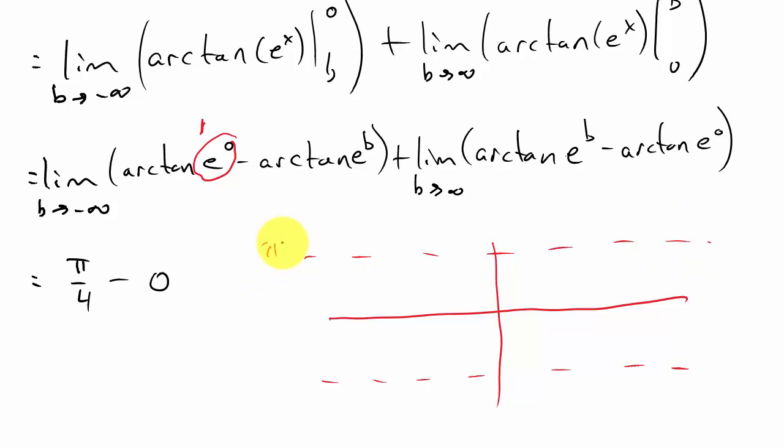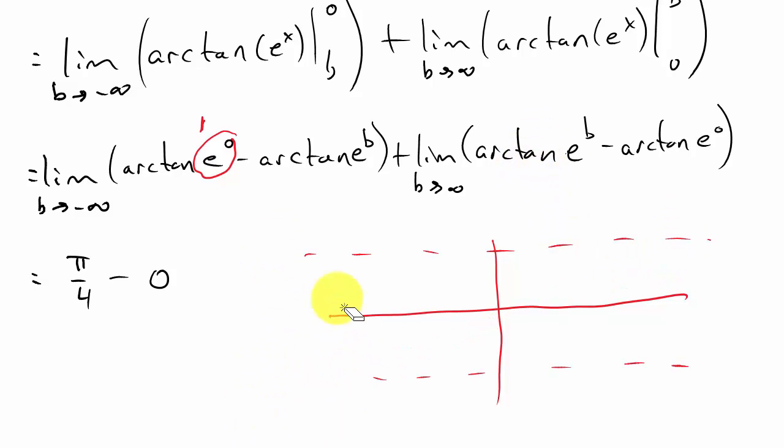You have pi over 2 here, and negative pi over 2 here, and then the graph looks like this. As we're going to infinity, arctangent is approaching the line pi over 2. So this term is approaching pi over 2.